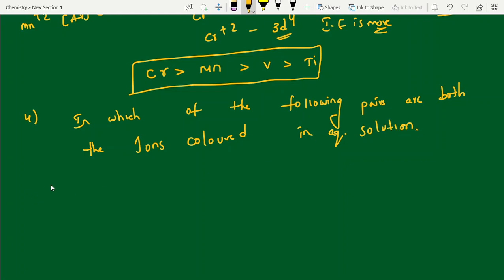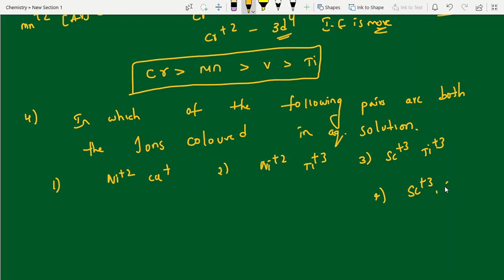Students, I am giving options, pairs here: nickel plus 2, copper plus 1. Next one, nickel plus 2, titanium plus 3. And option 3, scandium plus 3, titanium plus 3. And fourth option, scandium plus 3, cobalt plus 2.